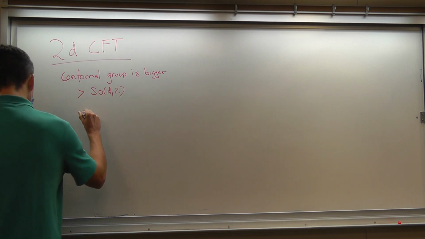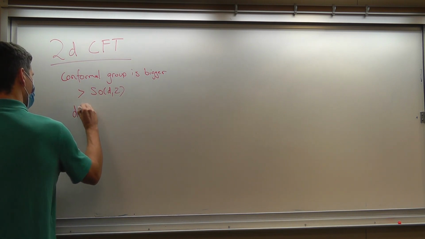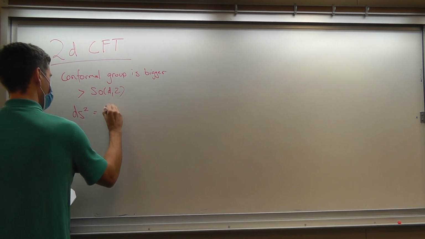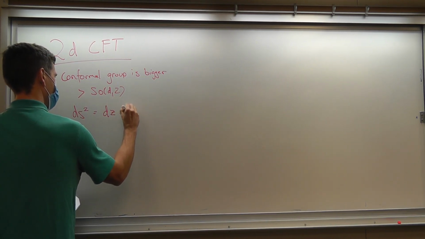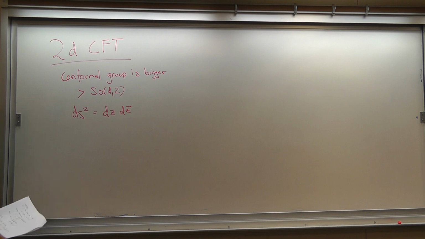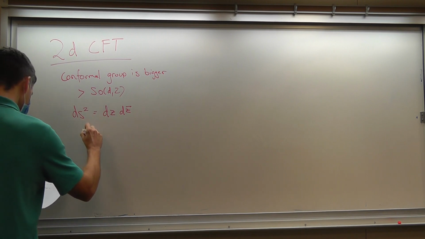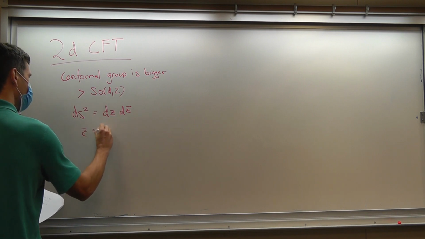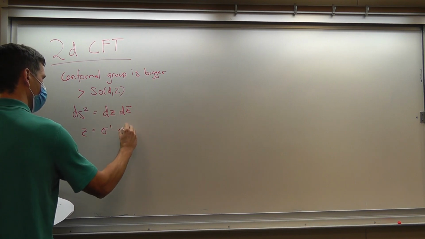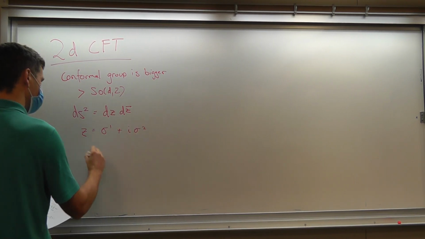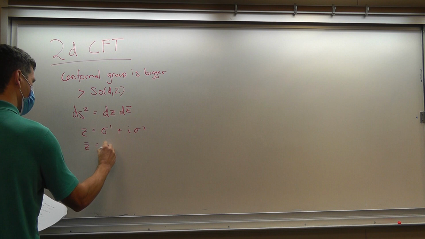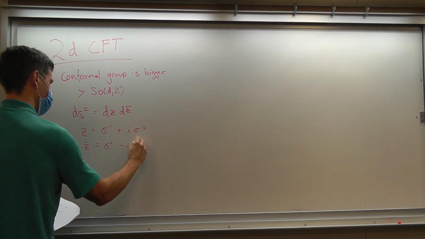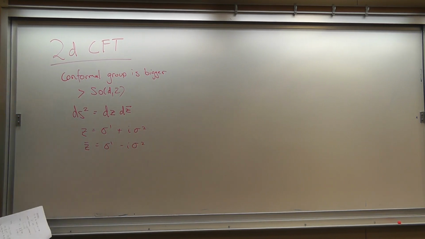The usual way to explain this is, of course, you don't need complex coordinates to do this, but that's what we like to use. So complex coordinates, z and z bar, with z = sigma 1 + i sigma 2, z bar = sigma 1 - i sigma 2.